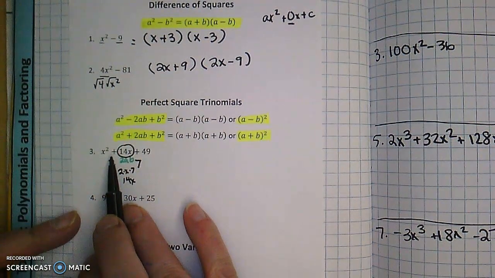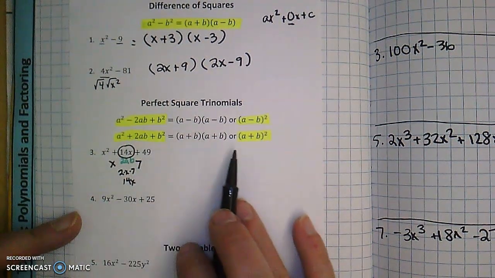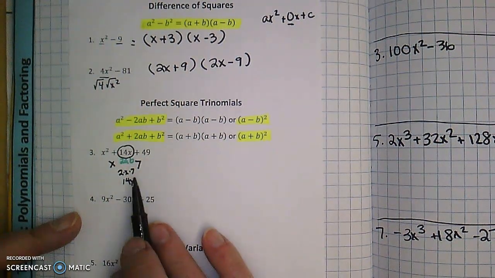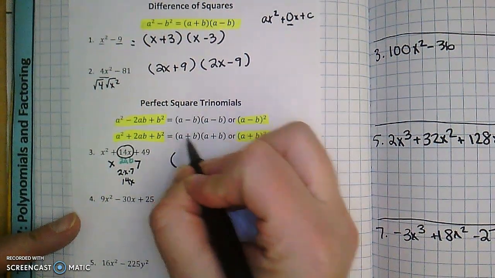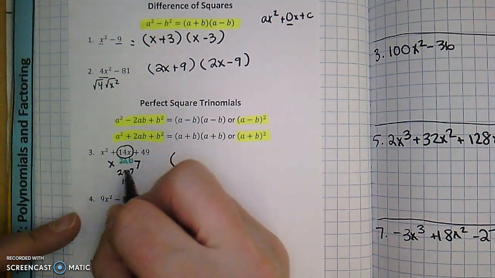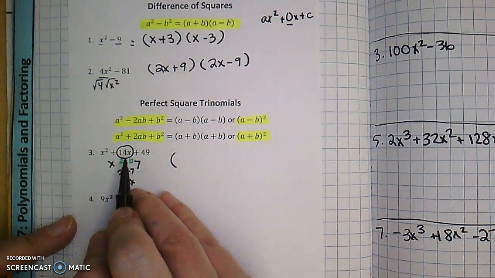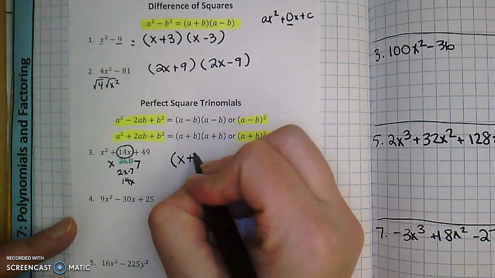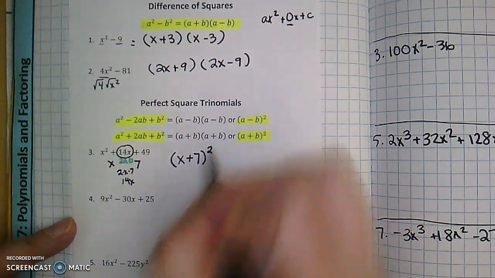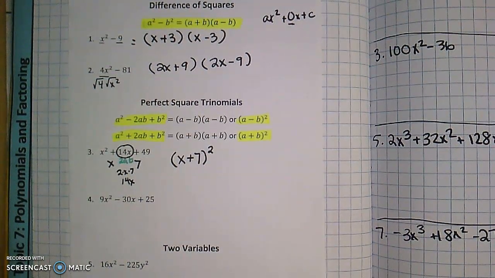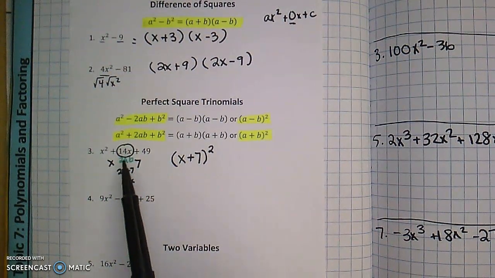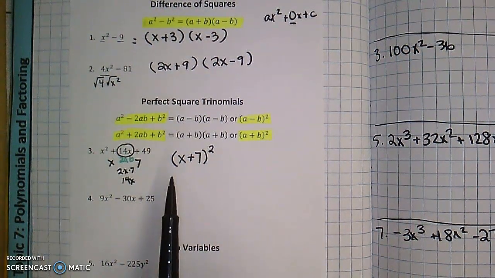This is an addition problem, so that means that we're using this second strategy. All I'm going to do is take a and b, which I've already found earlier in the problem, which is x plus 7, and then I'm just going to square it. Done. So the hard part is to make sure that it is a perfect square trinomial before you start using the rule.